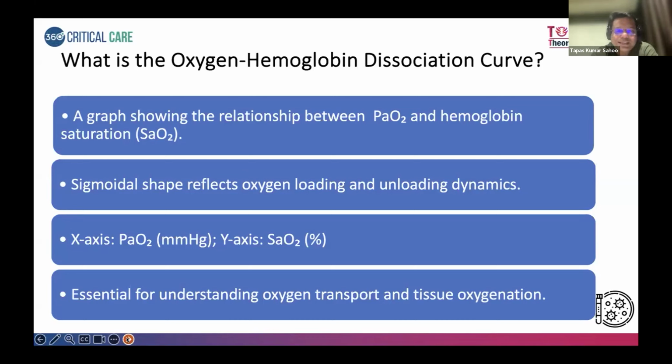Because this is essential for understanding oxygen transport and tissue oxygenation. So there are three things of concern to me right now. One is this sigmoidal shape reflecting oxygen loading and unloading, and this curve or graph is also essential for understanding oxygen transport and tissue oxygenation.